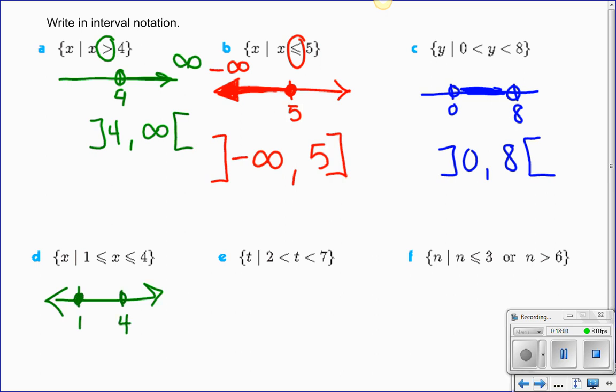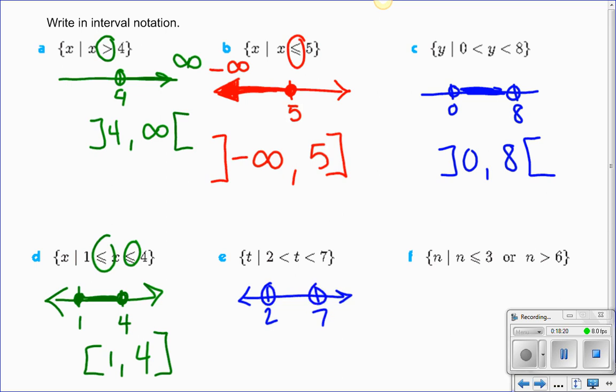So including 1, including 4, and so our brackets both face inwards because there's an equal sign with both. Okay, this one here, between 2 and 7. Not including both of them because there's no equal sign. So not including 2, not including 7.